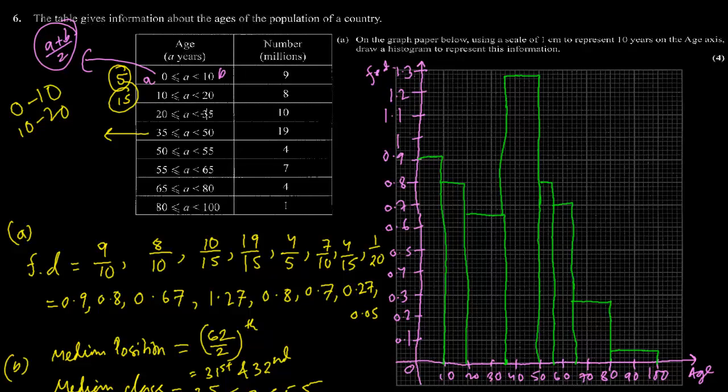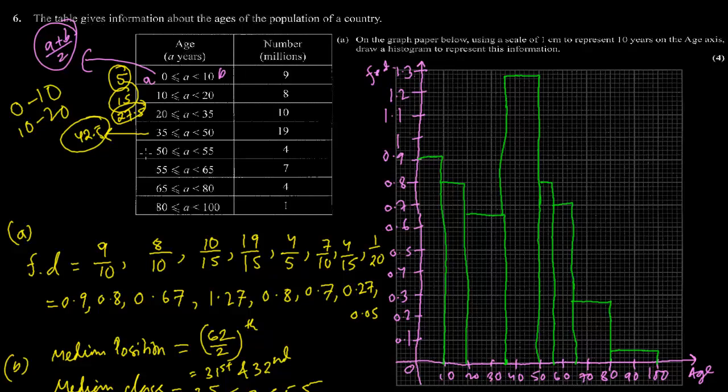Similarly, this is going to be 55 divided by 2, and that would make it 27.5, the midpoint. Then we have 35 plus 50, which is 85, so that would be 42.5.